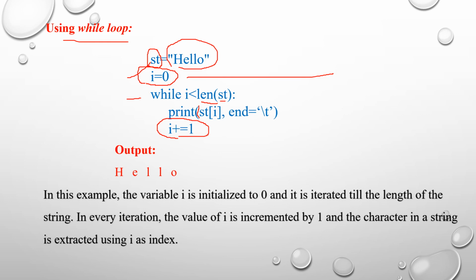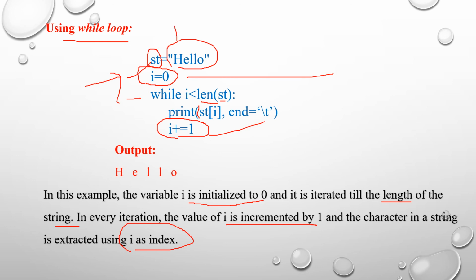In this example, the variable i is initialized to 0, and it iterates till the length of the string. In every iteration, the value of i is incremented by 1, and the character in the string is extracted by using i as an index. Here we use the inbuilt function len, and we extract characters by using indexing.